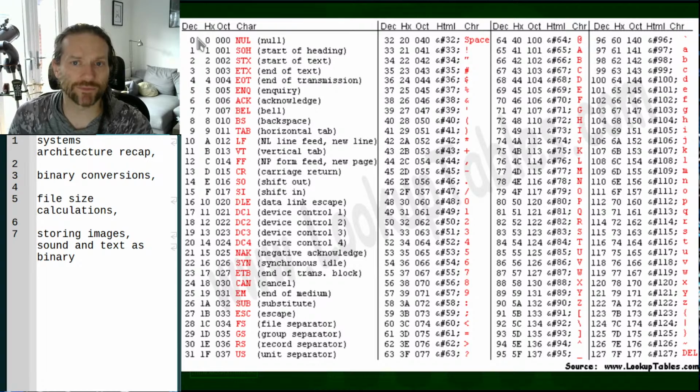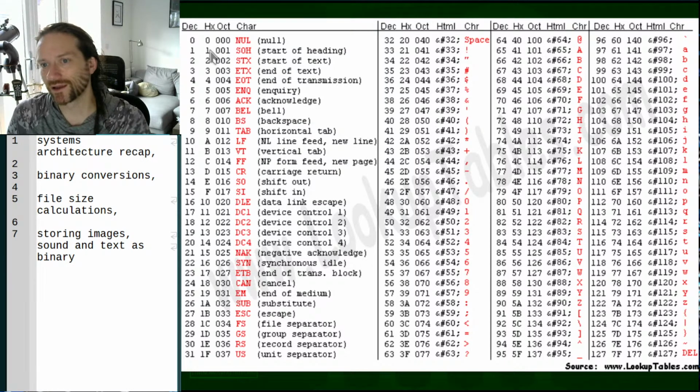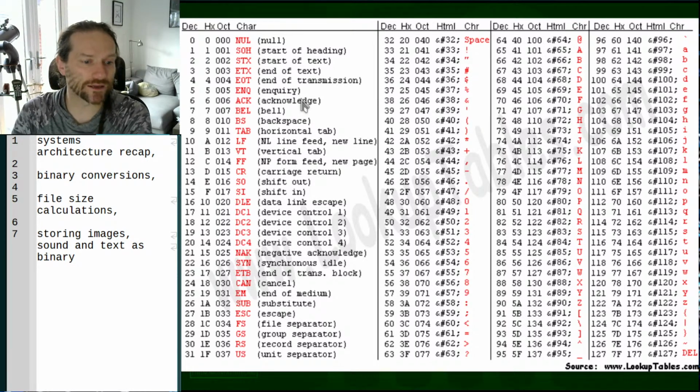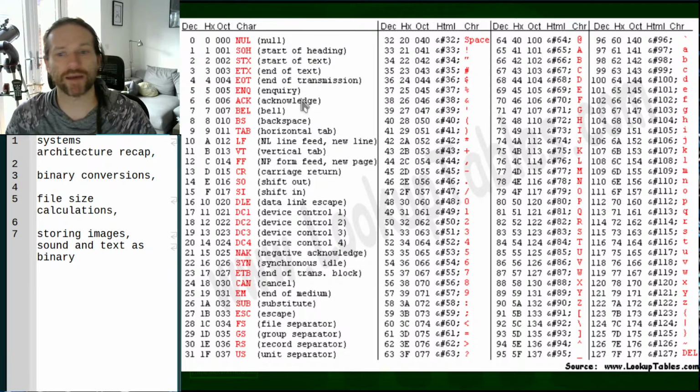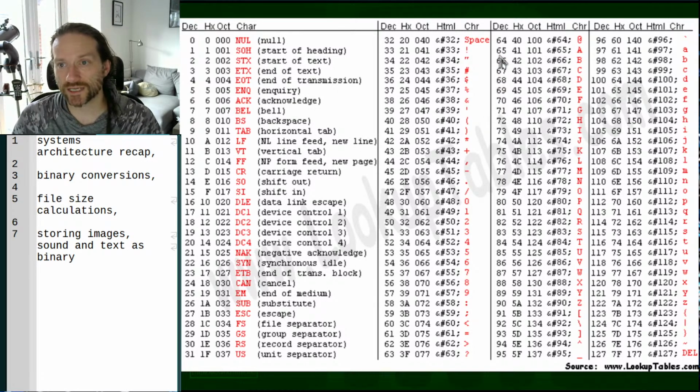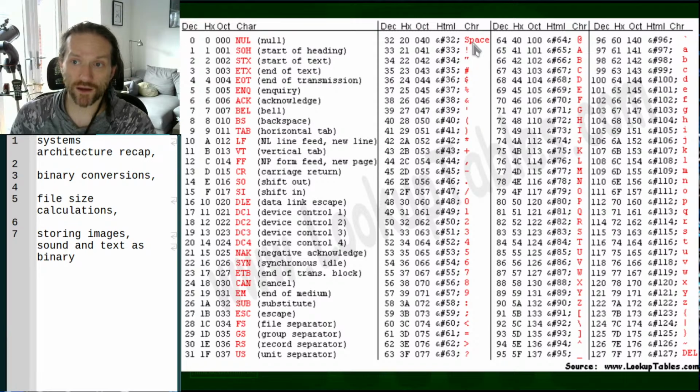In this little table that I've got here, it lists the denary, the hexadecimal, and the octal for some reason. But in the computer system, the computer will have them mapped as binary. You'll notice that the first 32 characters are not printable.